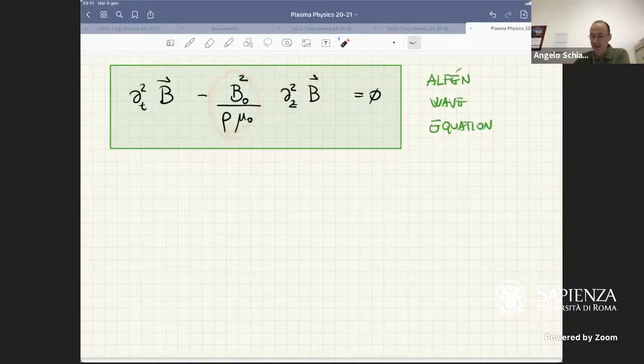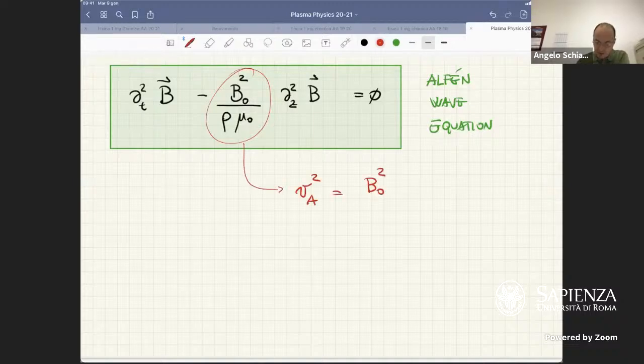So this is exactly the same as electromagnetic waves in vacuum or acoustic waves. This term is the speed of the wave, which is called the Alfvén speed. So this is VA squared, which is B0 squared over rho times mu naught, so VA is the square root, with B0 the amplitude of the B field: the Alfvén speed.